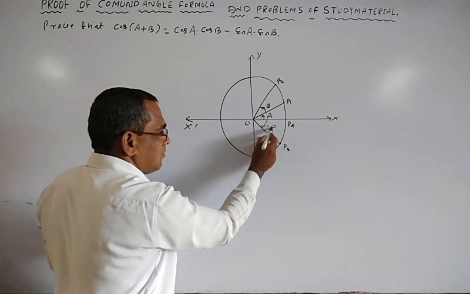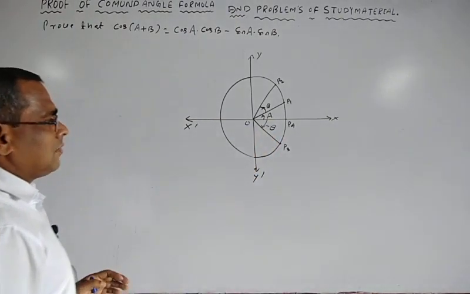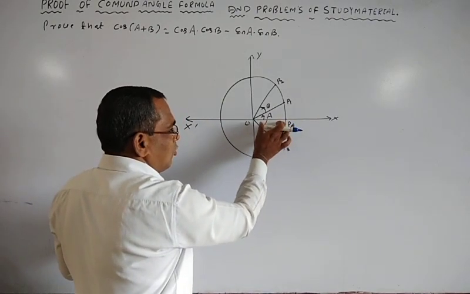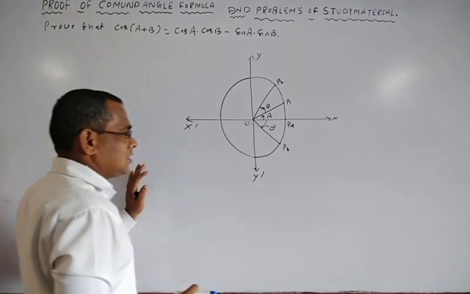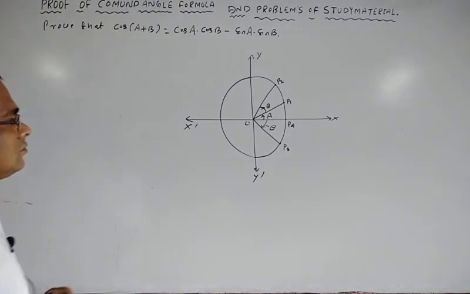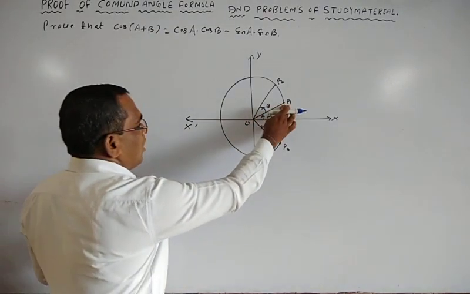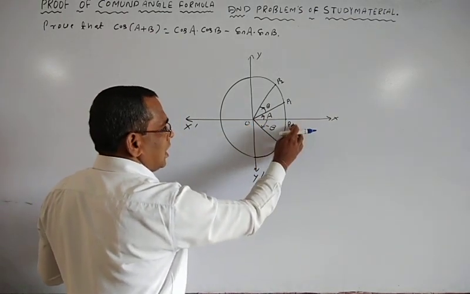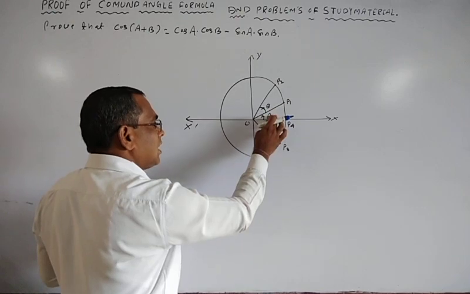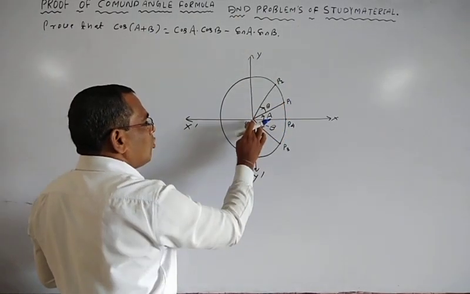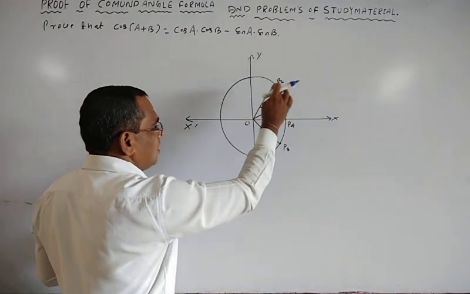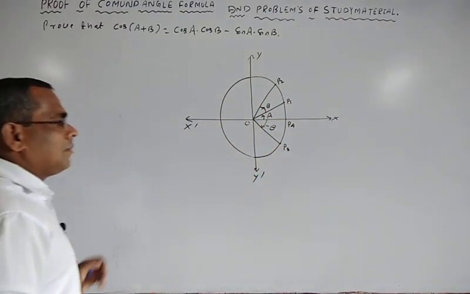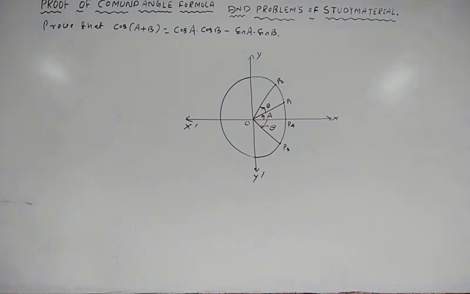Suppose this angle is minus B. And OP4, this line OP4 lies on the x-axis. So angle P4 O P1 is the angle A, and P1 O P2, this angle is B, and P4 O P3, this angle is minus B. Okay.